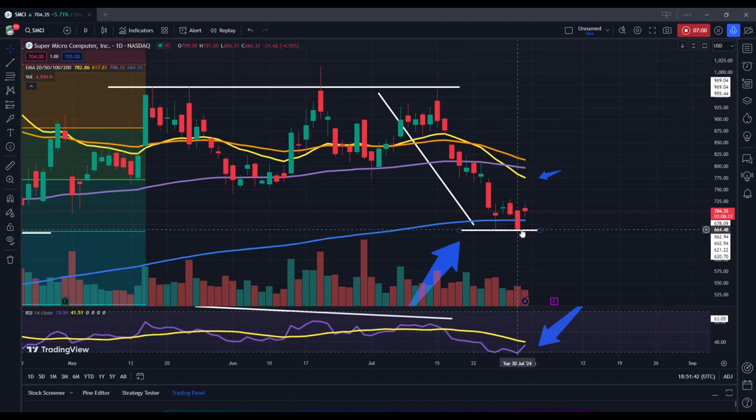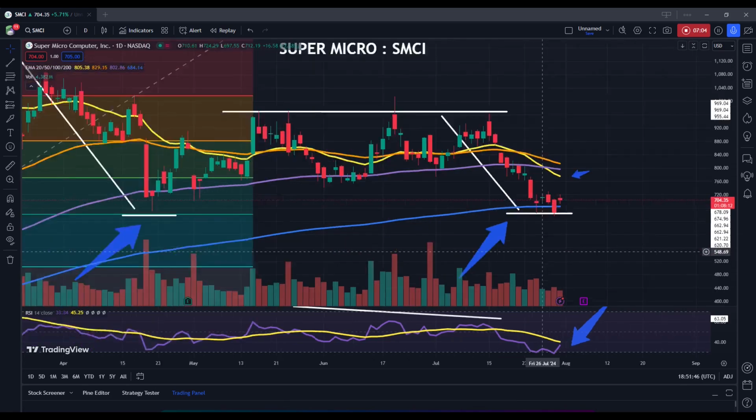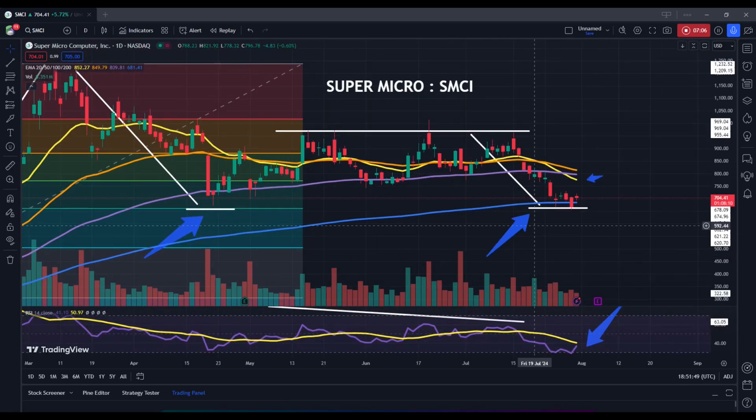So the possibility that we could get a weekly turnaround here would be significant. It's not something that would typically be expected, but if we are able to see positive earnings from the remainder of these companies, this could be enough to keep prices supported in this area. And technically, we would be able to start to refer to this area as a support level that held rather than one that broke to the downside.